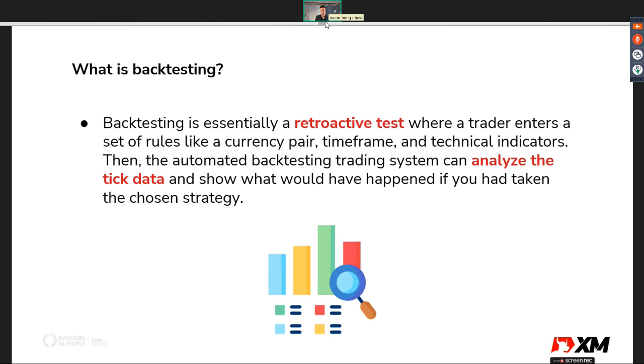And if there are any technical indicators that you have, for example MACD, RSI, SMA, simple moving average, or exponential moving averages, then the automated backtesting trading system can analyze the tick data and show what would have happened if you had taken the chosen strategy.